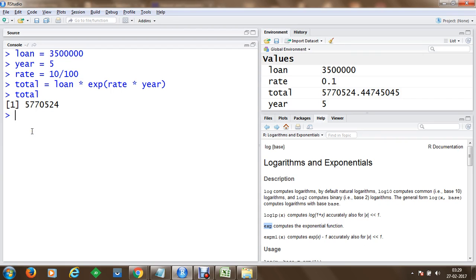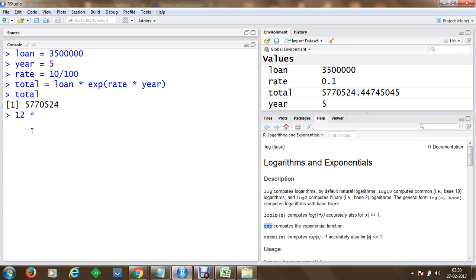Now what we have to do is compute the per month installment which we need to pay. In RStudio we can simply compute the mathematical operations as well.